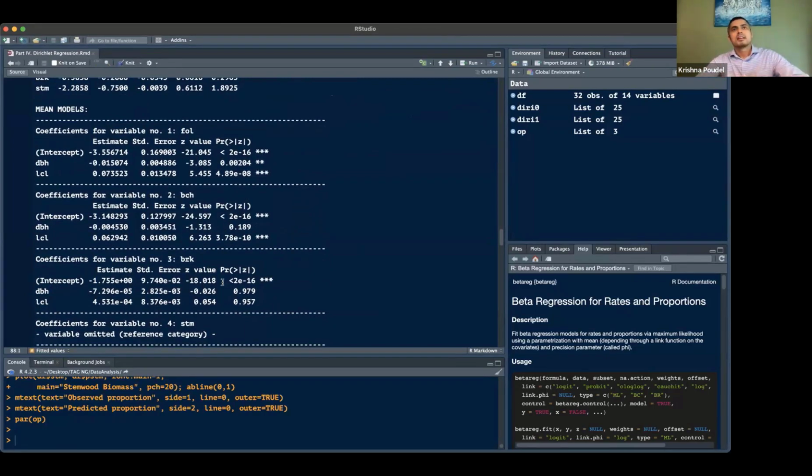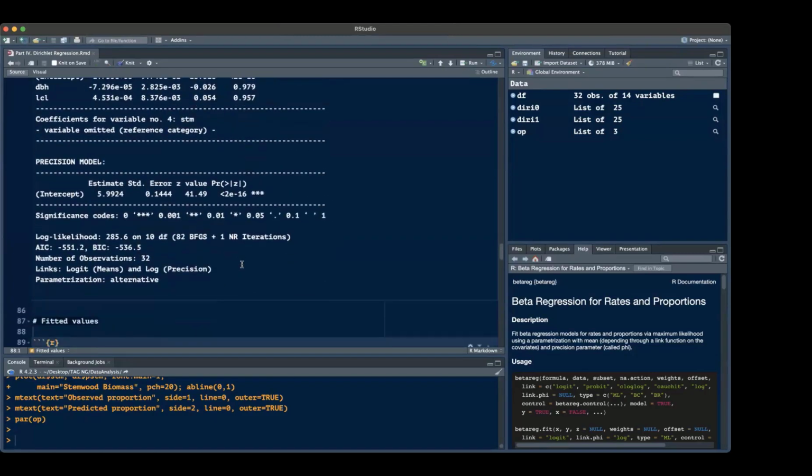And in regression, I'm not too worried about the significance of the predictor variables because those are the commonly used predictor variables, right? So diameter, height, or live crown length. So I still use them even if they are not significant. Okay, yeah, thank you very much.